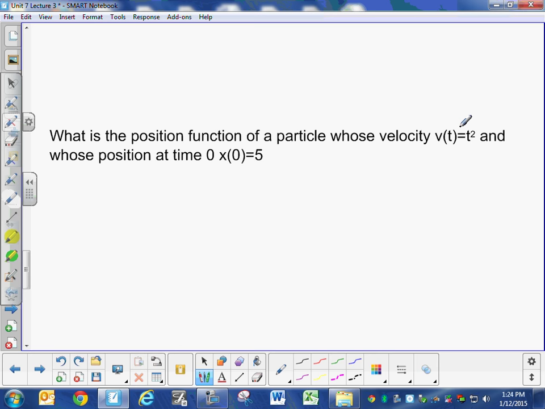Derivative of position, the instantaneous rate of change of your position with respect to time, that's velocity. Derivative of velocity, acceleration, going backwards. So I would say x of t would be 1/3 t cubed plus c. X of 0 is 5. I get my position function.